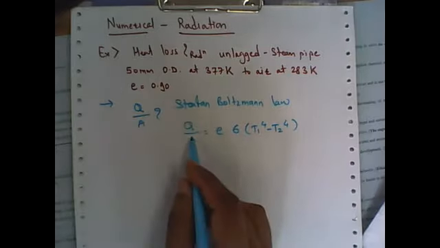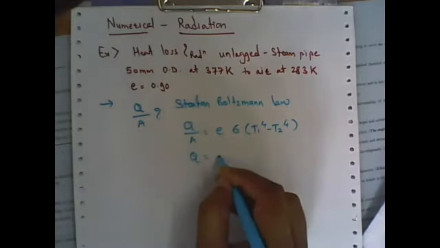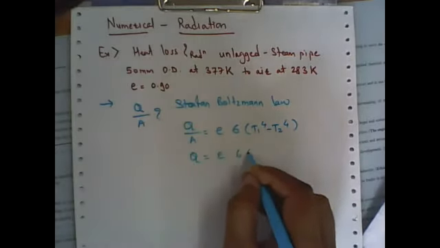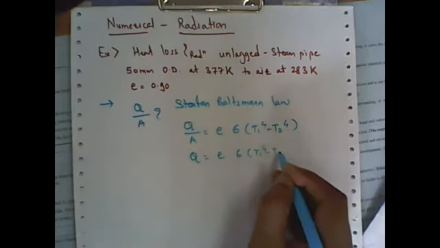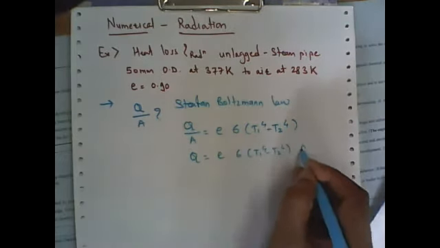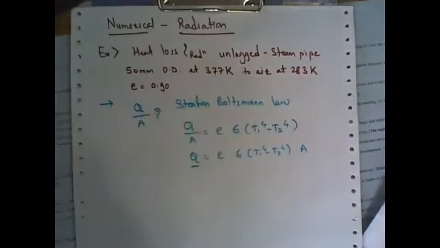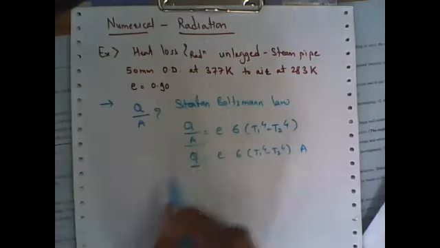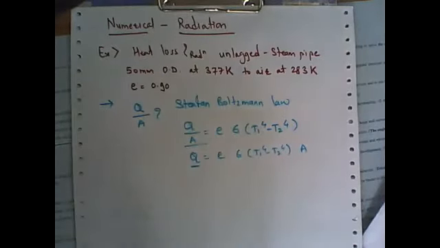So you can write this equation also as Q equals E into sigma T1 raised to 4 minus T2 raised to 4 into A. This Q is the rate of heat transfer, and this Q by A is the heat flux, right? So we have to calculate the rate of heat transfer or the heat flux with the help of the Stefan Boltzmann law.